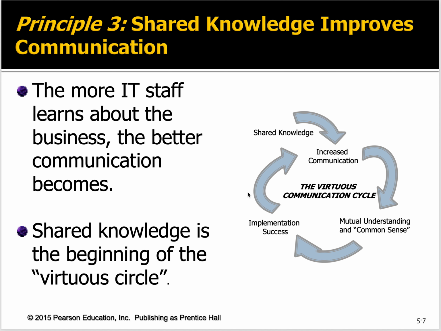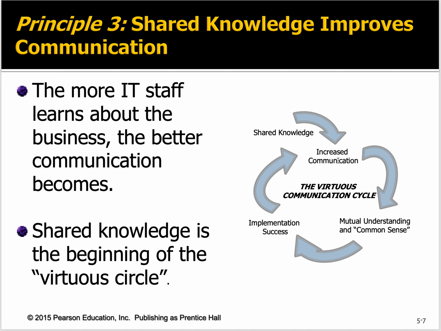Notice in this picture, there's not the words IT, information systems, anywhere. It's implied because it's in a chapter of a book on IT strategy, but this applies to any functional areas that may normally not get along well together.